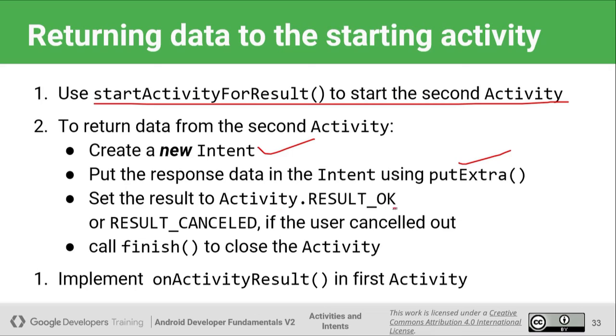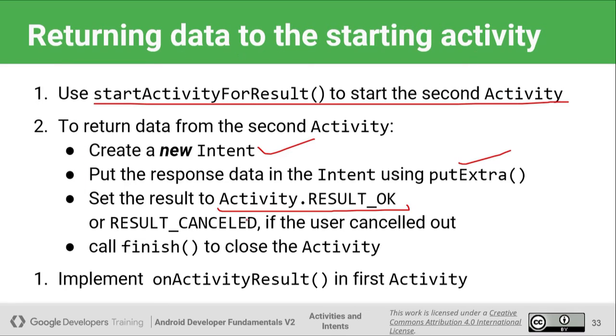This means that we are going to return the data successfully, or RESULT_CANCELED if the user cancelled out, or call finish to close the activity. So these are all predefined steps that need to be done before returning data to the starting activity.